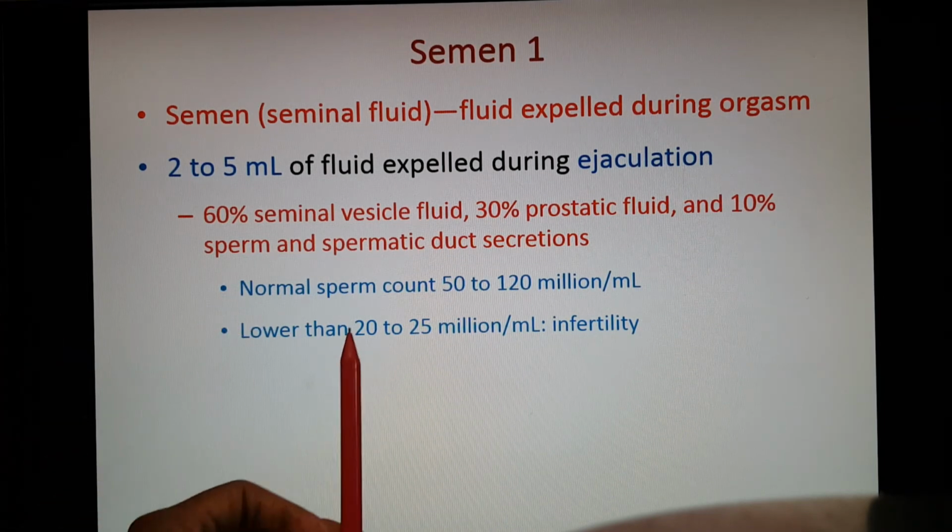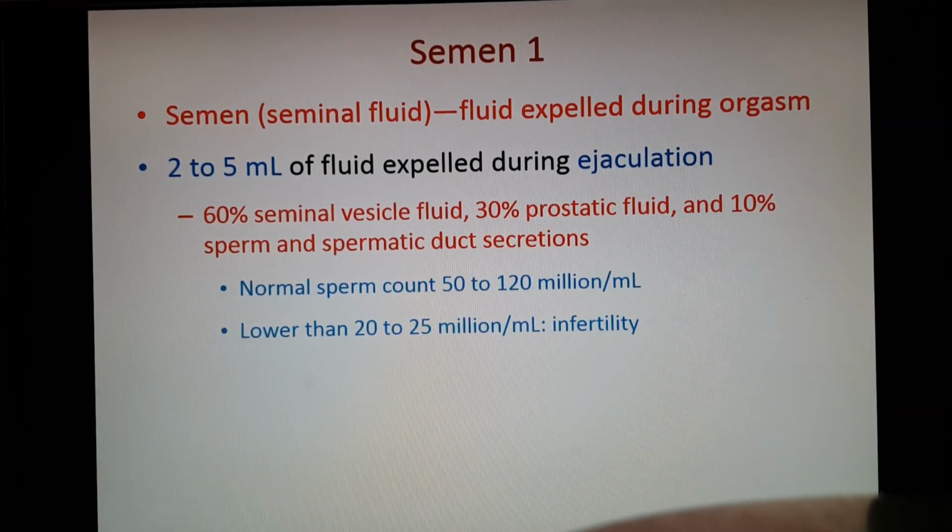So if it's lower than 20 to 25 million per milliliter, the person is considered infertile, just because the environment to get from not only getting out the penis and surviving, but also the vagina and uterus, as well as uterine tube environment, is very anti-sperm.